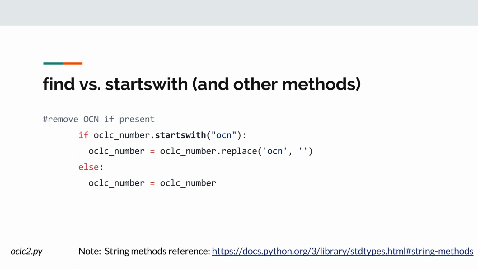So what my script is doing is basically saying, look for these strange variations of the OCLC number. If you find these things that we want to strip out, then strip them out. Otherwise, if you don't find anything that we need to strip out, just return that OCLC number to me. So that's what the else condition does.